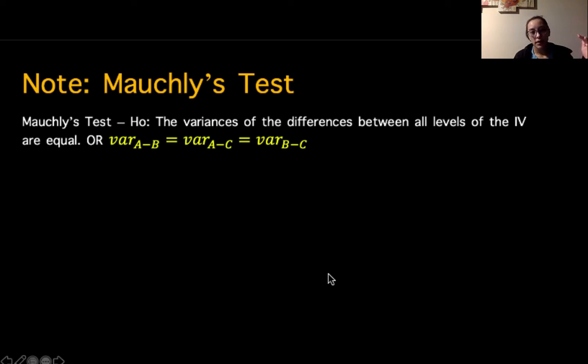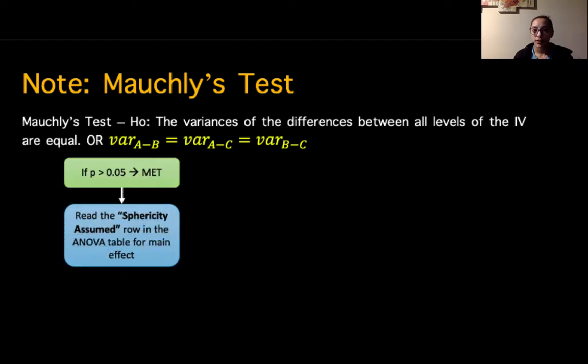When we run Mauchly's test, there's going to be a table specifically for the test, which we'll go through in our SPSS output PowerPoints. There will be a bunch of numbers, and then a p-value for Mauchly's test. If that p-value is greater than 0.05, similar to our other assumption tests, that means we have met the assumption of sphericity. So when you interpret your p-values for sphericity, you can say sphericity has been assumed.